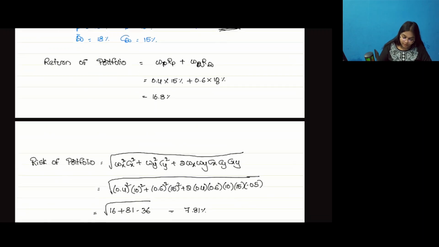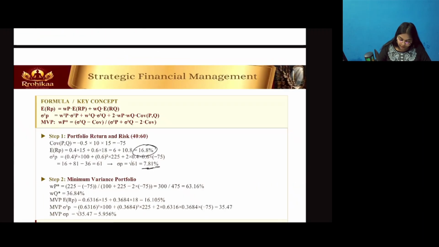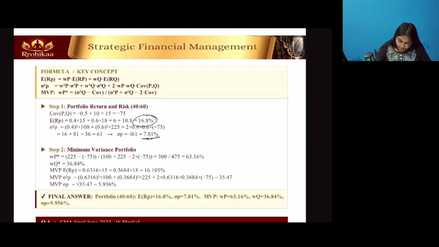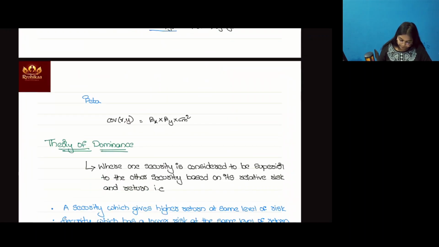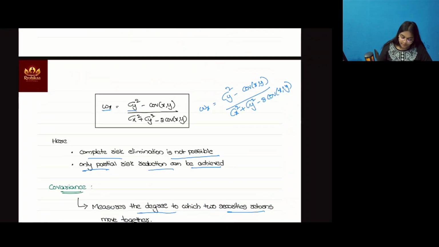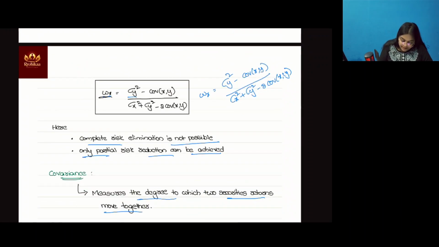So to construct minimum variance portfolio, the formula is: weight of x equals sigma y square minus covariance of x comma y divided by sigma x square plus sigma y square minus 2 covariance of x comma y.